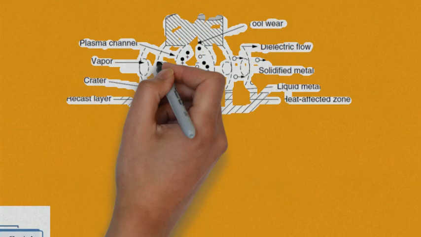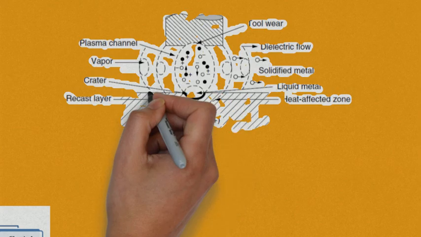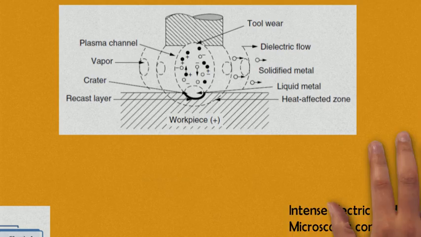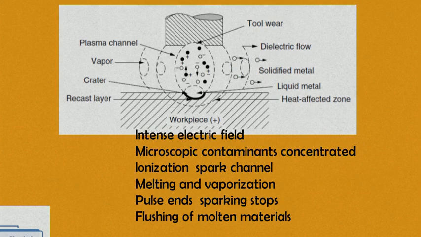Now, to understand how EDM removes material, let's examine a single spark in the erosion process. As a pulse of DC electricity reaches a part, an intense electric field develops in the gap. Microscopic contaminants suspended in the dielectric fluid are attracted by the field and concentrated at the field's strongest point.